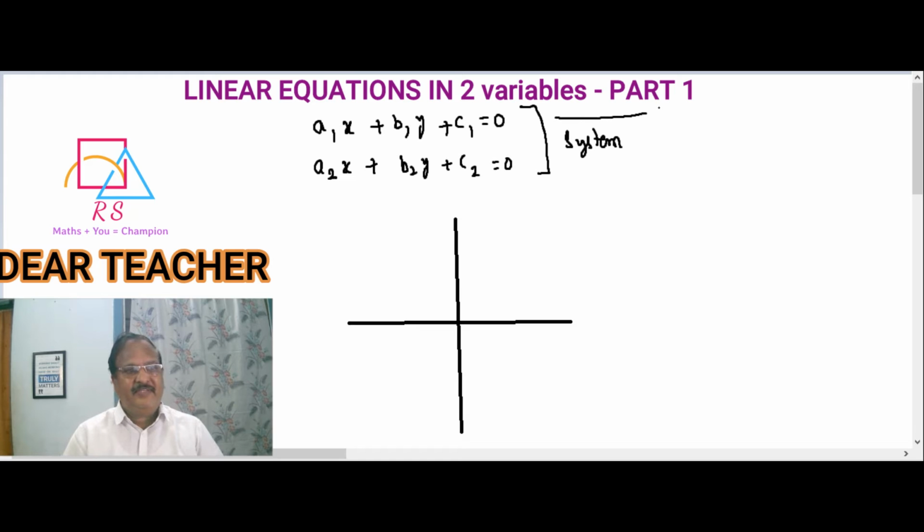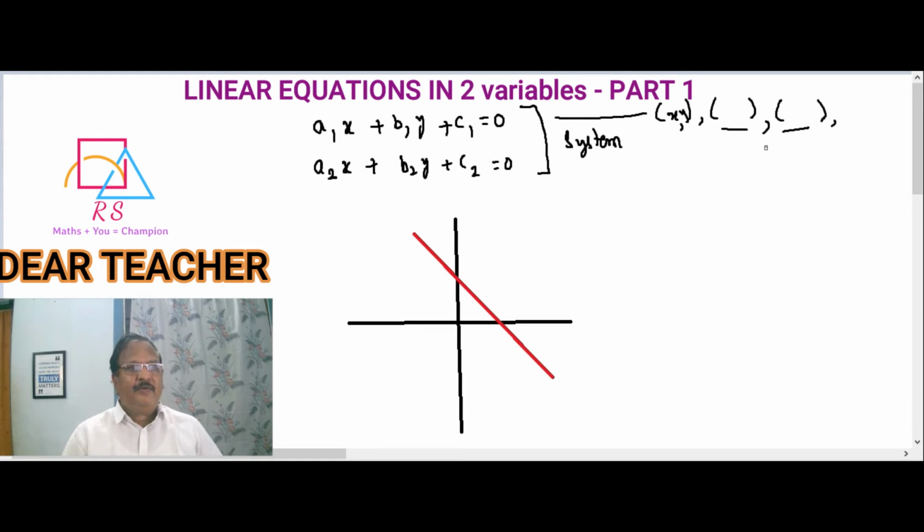Solution means it will have two values, x value and y value. So each equation will have different solutions, different points. You take 3 or 4 points and represent them here. Then if you join all these points, you will get a line. This is one equation.